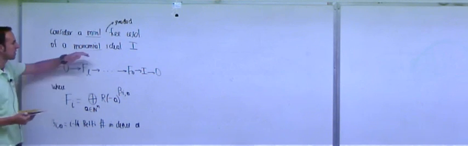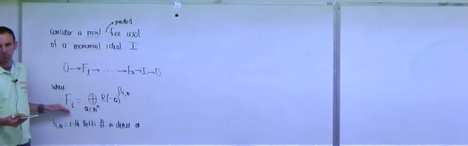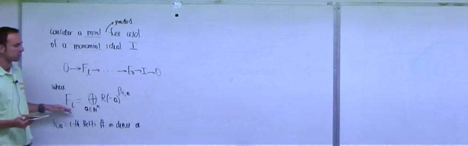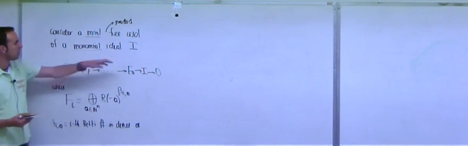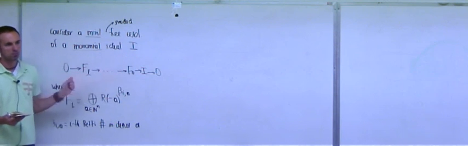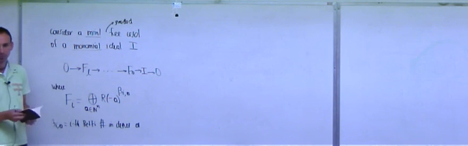And what that means is that if this guy is minimal, then all of these FIs are going to be the same. You're going to get exactly the same Betti numbers. And so the Betti numbers only depend on the ideal. They don't really depend on anything else. Okay, so these are really just functions of I. Okay?